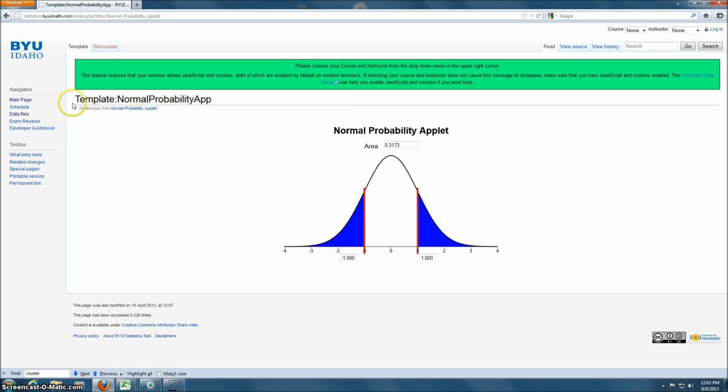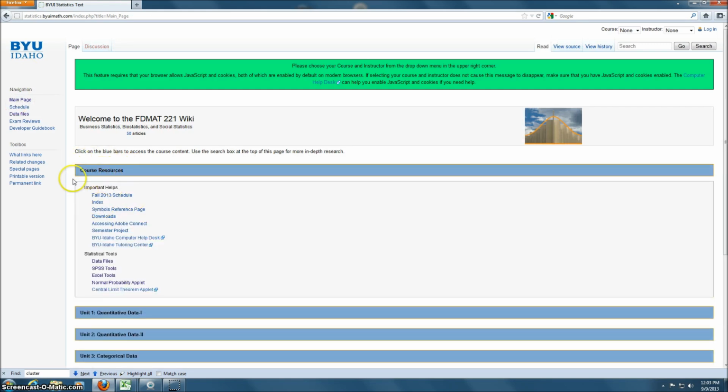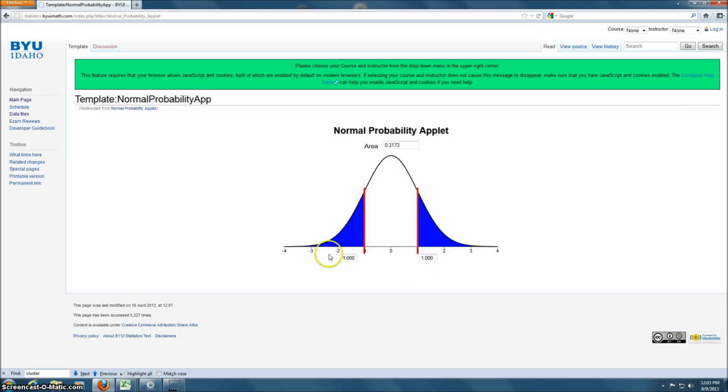Real quick, if you want to remember how to get to that, you come to the main page of statistics.byuimath.com, go to your course resources, which is the first link, and then down to the second to last, the normal probability applet. These bottom boxes are your z-scores, and we had a positive 2.176. You hit enter, and this blue area shows the probability of getting above.